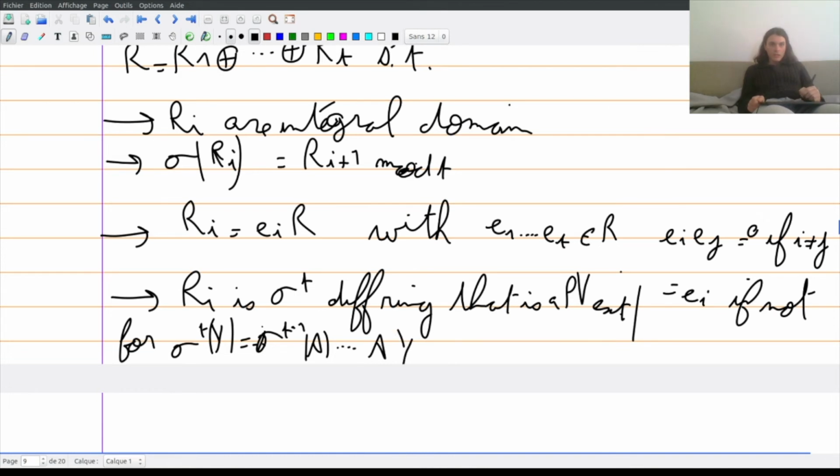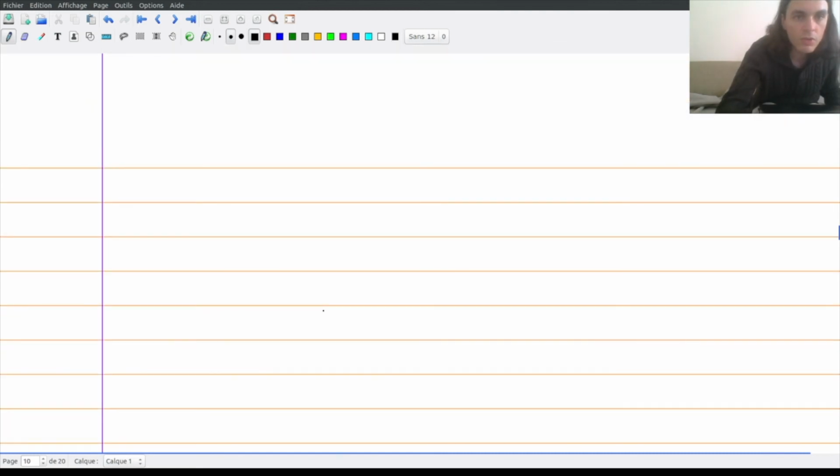So it's sigma power t minus 1 of A, and you multiply down to A, so it's just the initial system, but where you apply sigma t times. Okay, so until the end of this chapter, I will try to prove this result.